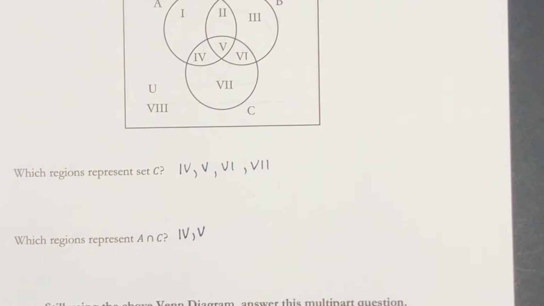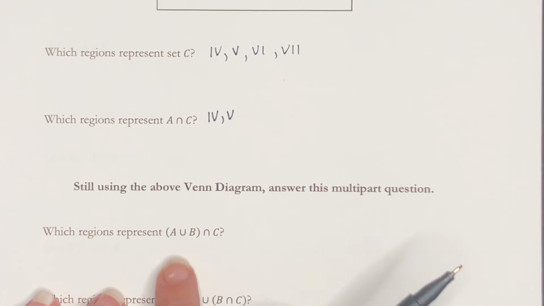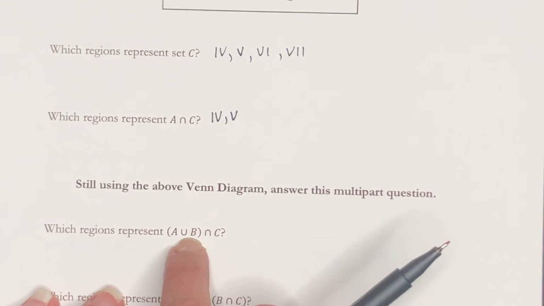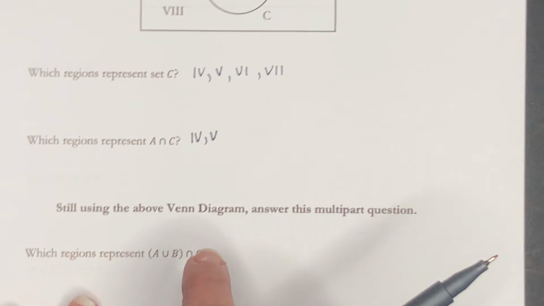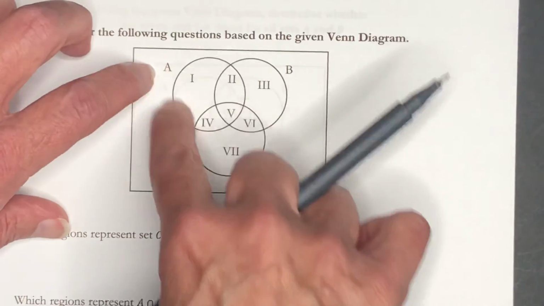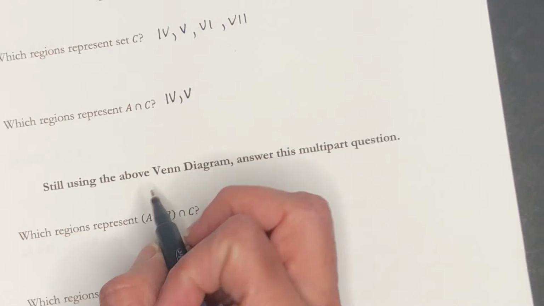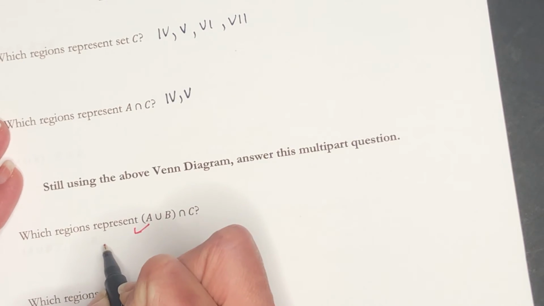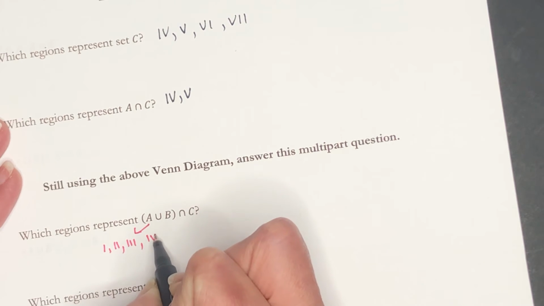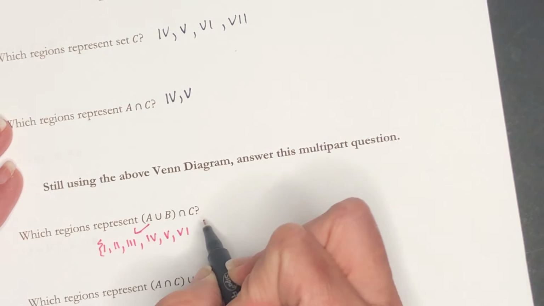We can do this in multiple parts like we did the roster before. A union B intersected with C. Well, let's just worry about this part first. Which regions are in A union B? A union B is everything that's in these two circles. So 1, 2, 3, 4, 5, 6. Okay, so that's that first set.